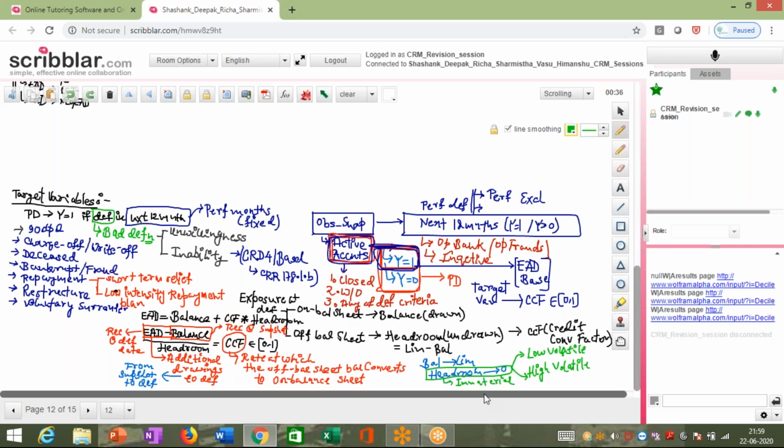The only difference between a term loan and a QRRE product is that the CCF will be zero, so you will not have any headroom. The future value of the balance that you would have will be the exposure rate. So whatever is on the balance is your EAD.